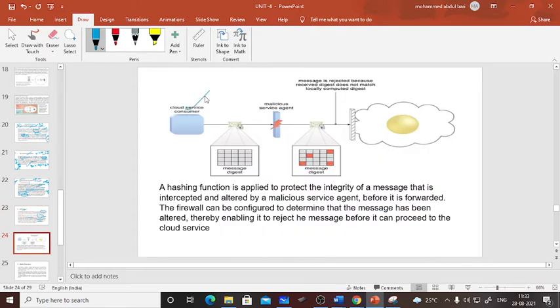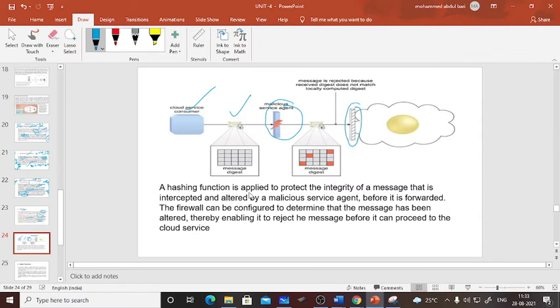A cloud consumer sends a message with a message digest, and there is a malicious service agent. What happened? The message is corrupted and rejected because the received digest code does not match the computed digest. The server will reject this message.